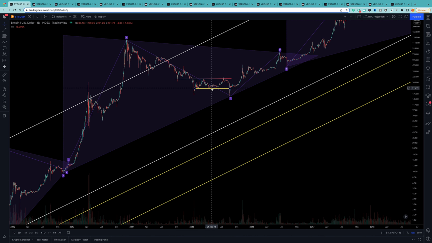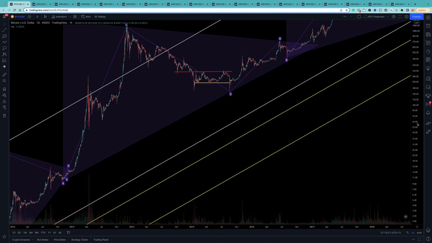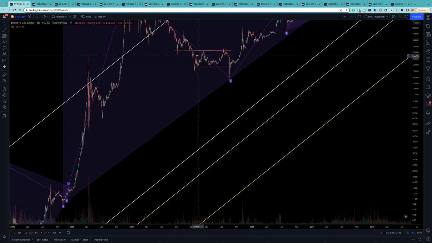Then the three bottoms here, and then it takes off. It goes up one last time, and then it comes down. You can see where you've got support here, and resistance here. It comes down, 3 bottoms, up it comes one last time, and then it comes down.